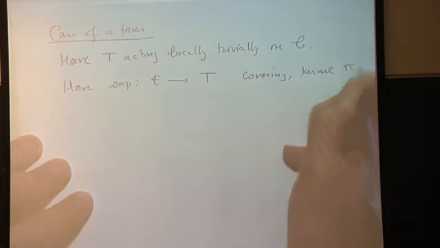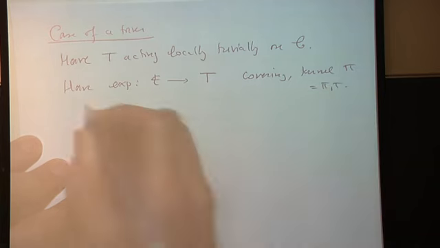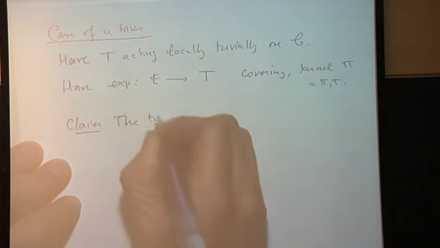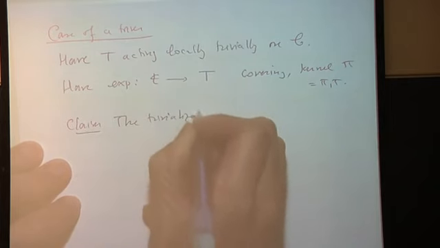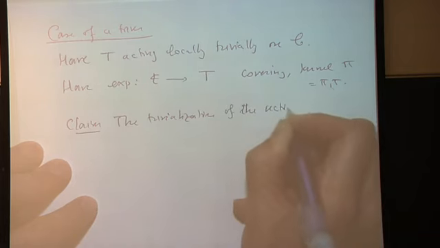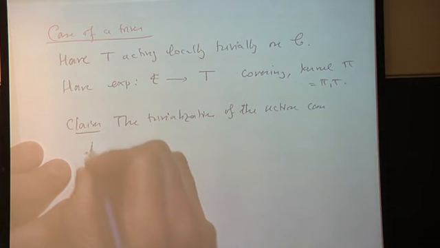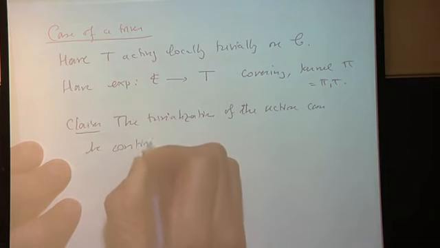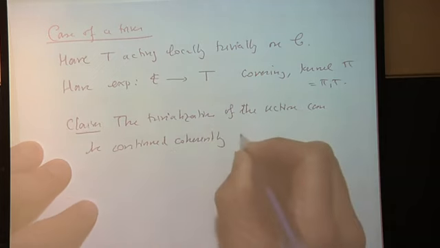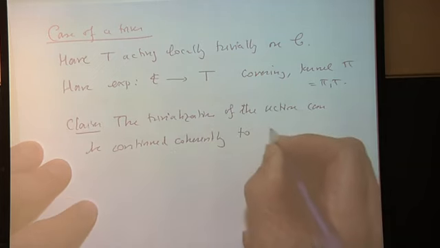Kernel pi, which is pi 1 of T. And here's the claim: the trivialization of the action can be continued coherently to all of t, to well, exp of t if you like.